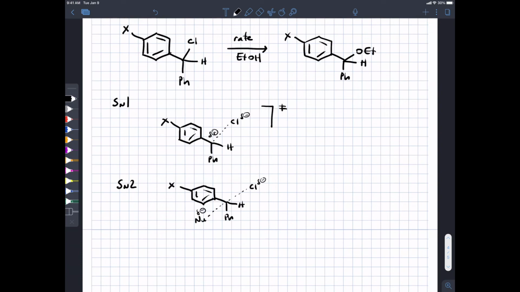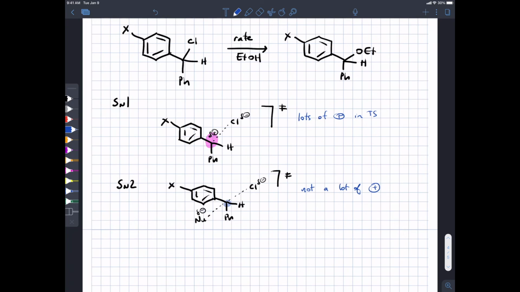Because the nucleophile is coming in as the leaving group's leaving. So those are your two transition states, and the difference is how much positive charge is built up here versus here. Here, not a lot of positive charge. Here, lots of positive charge in the transition state.